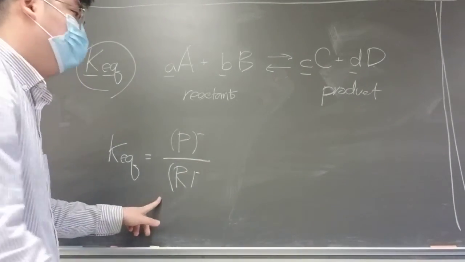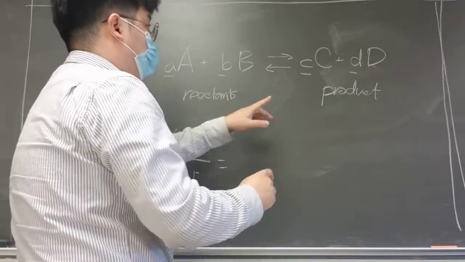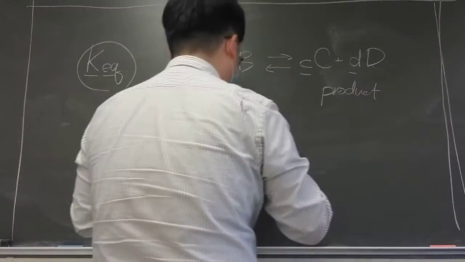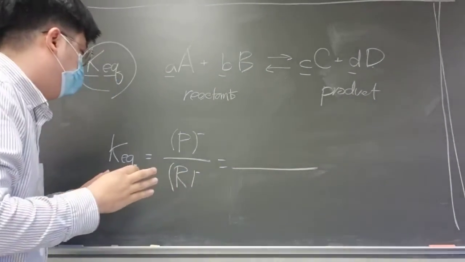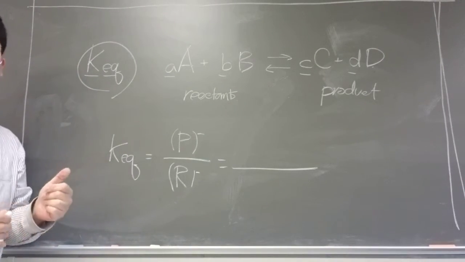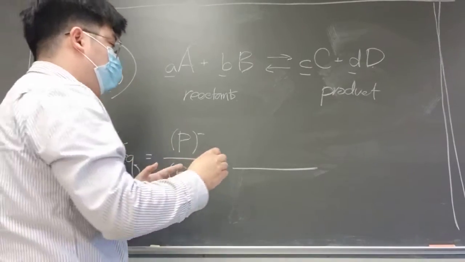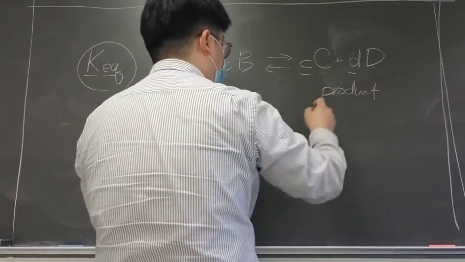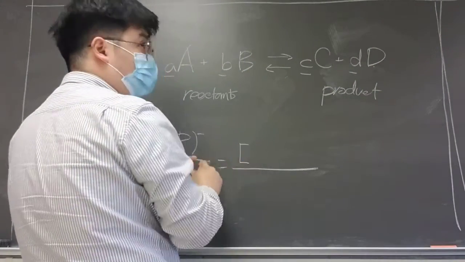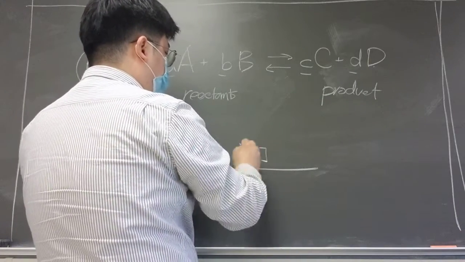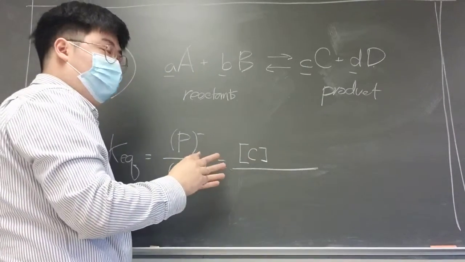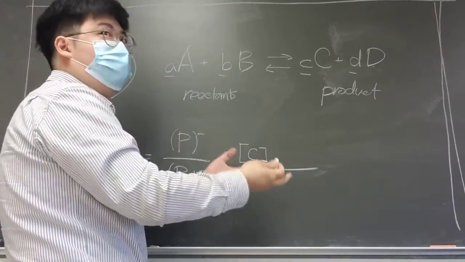What I'm going to do is copy these two products here, but remember whenever you do the equilibrium constant, they tend to use the number for concentration. So for concentration for C and D, your products, we'll put the bracket on. If you put a bracket on your products, it means it's a concentration number.